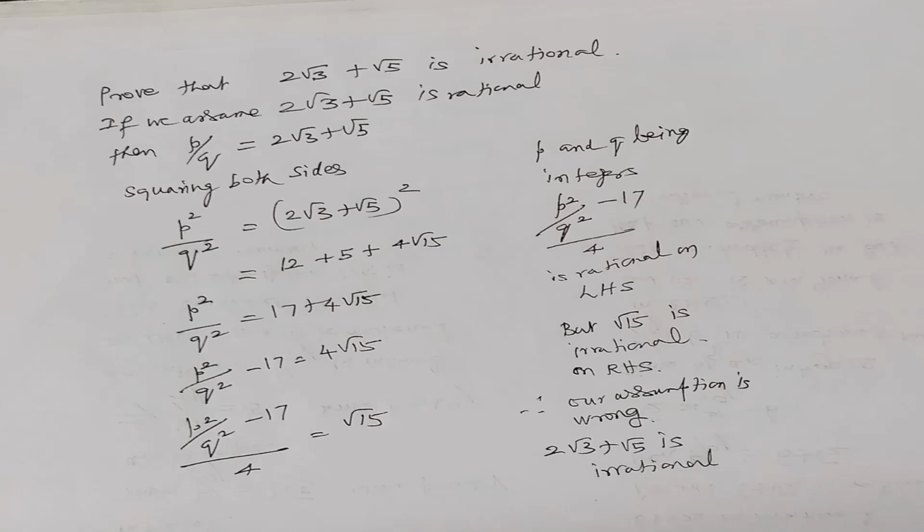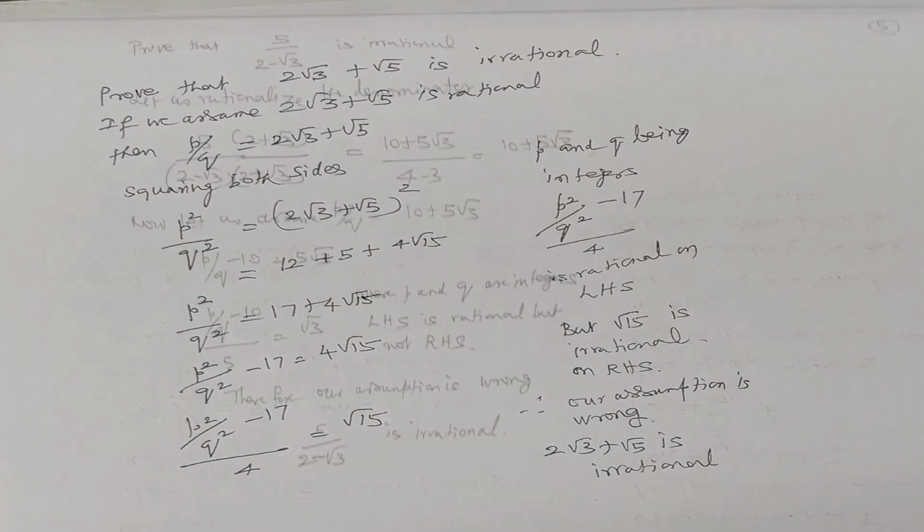Also, p squared / q squared minus 17 = 4 root 15. Then (p squared / q squared minus 17) / 4 = root 15. On the left hand side, all are integers, which is a rational number. But the right hand side is irrational, so our assumption is wrong. Therefore, 2 root 3 plus root 5 is irrational.